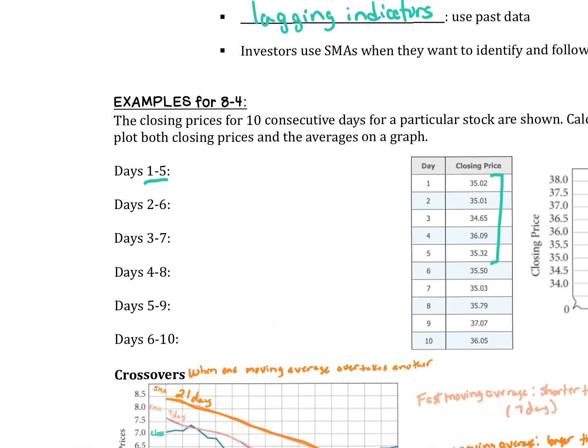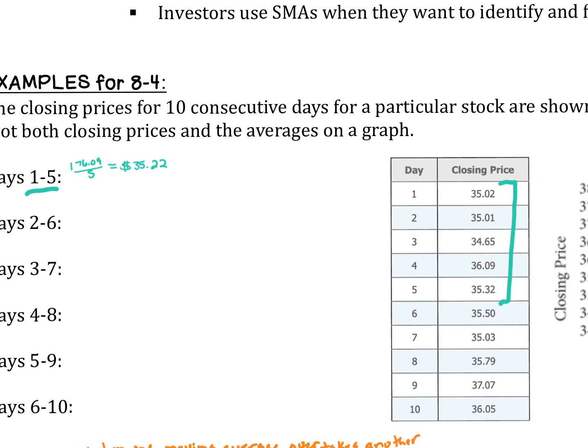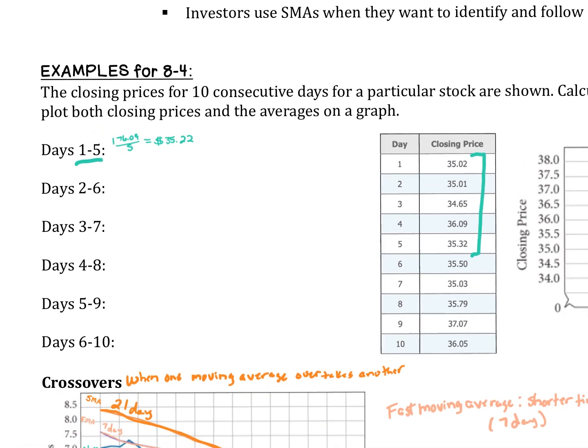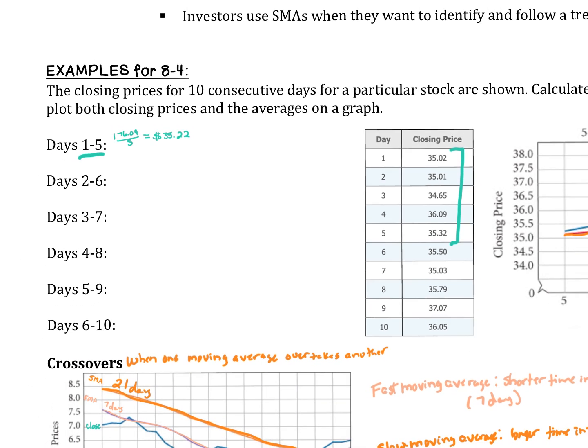So for that particular one, when you add all of that up, you get 176.09 divided by 5. So you find that the SMA is 35.22. Okay, so that's the average of those first 5 days, right?